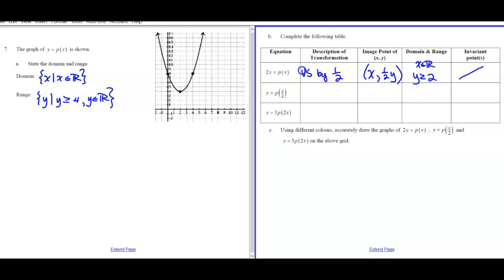If we graph this, vertically stretching by 1/2, take some of the points. We plotted a few for you. So the vertex, 4 times 1/2 is 2. Y-intercept, 8 times 1/2 is 4. This is going to be the same over here. 1, 2, 3, 9, 4, 16, 20.